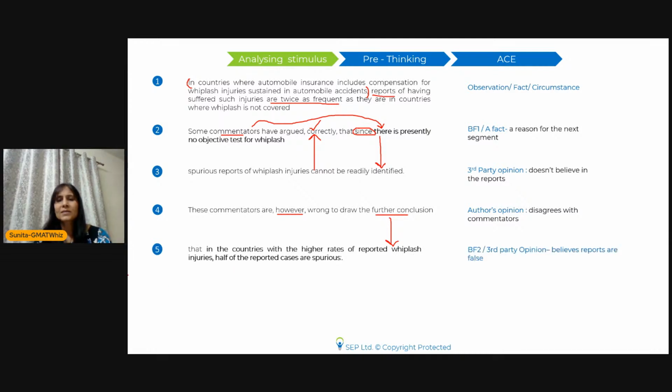The commentator's conclusion. So this part is the commentator's conclusion, and the author does not agree. So this part, the commentators are wrong. This portion is the author's opinion. Okay.